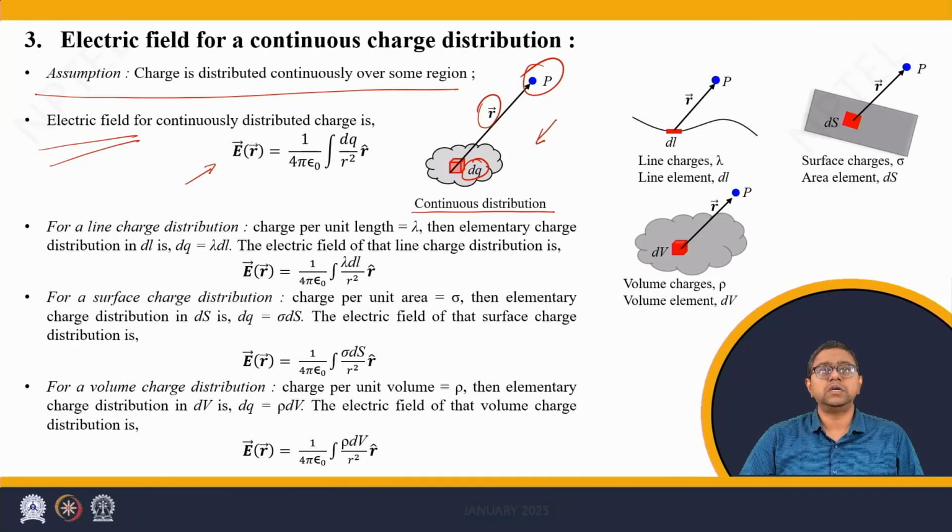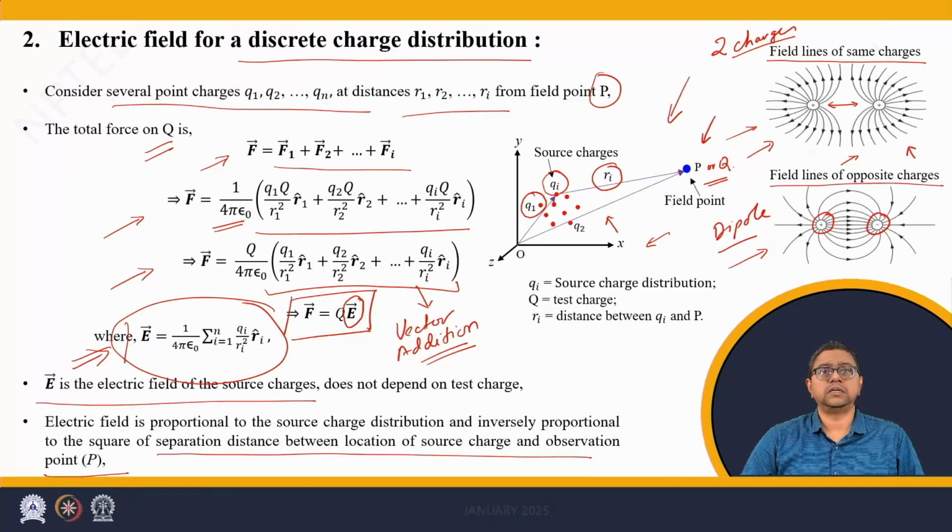For a continuous charge distribution, the summation sign is replaced by the integral sign. This is because the charges have now become essentially a conglomeration of elemental and infinitesimal charges dq. Thus, the integral of dq by r square is essentially the representation of a discrete source charge representation as shown here.